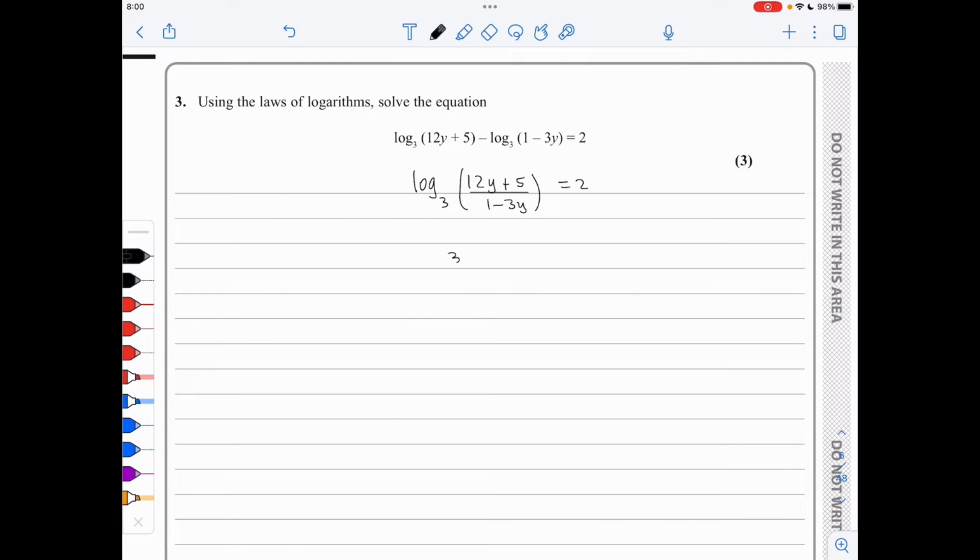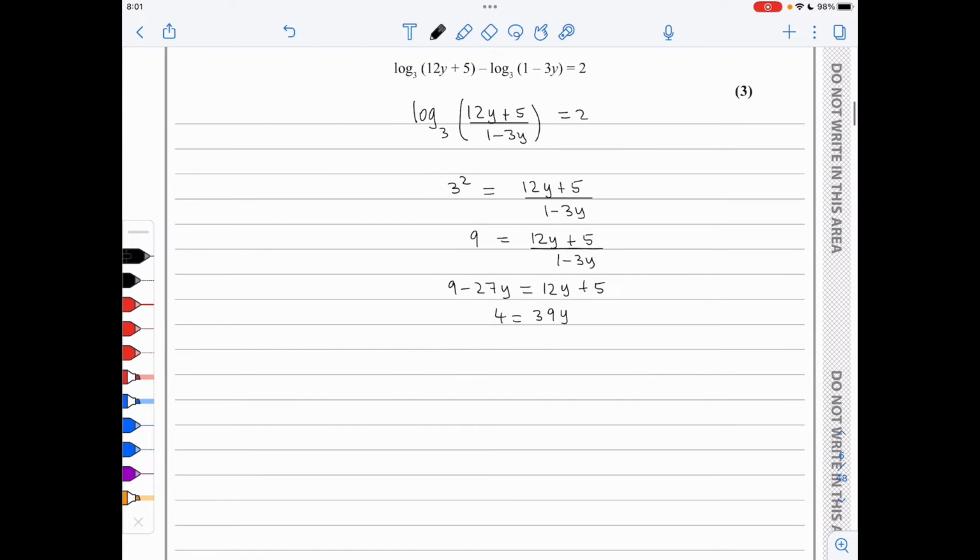Which means that 3 squared is (12y plus 5) over (1 minus 3y). So 9 is (12y plus 5) over (1 minus 3y). I will cross multiply to get 9 minus 27y is 12y plus 5, leading to 4 is equal to 39y, and therefore y is 4 over 39.